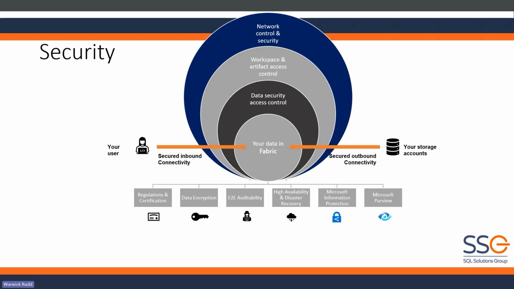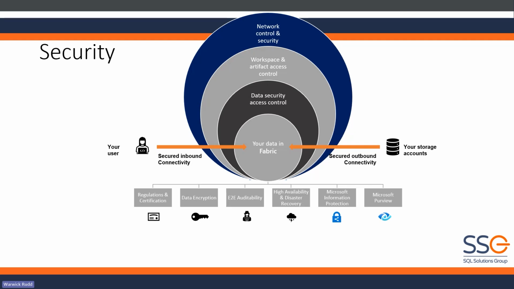We then come down to our workspaces and artifacts control. And when we were in the demo, we saw when we were in a workspace, we can go and manage that and set up the permissions, who has access, what roles do you have inside of that workspace, right? So are you a contributor? Can you go and create things, or are you only a consumer that you can read things?